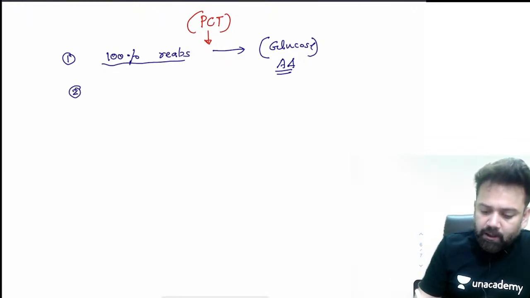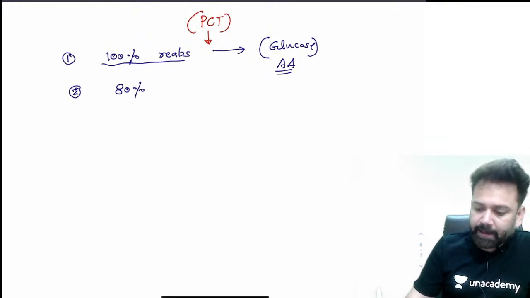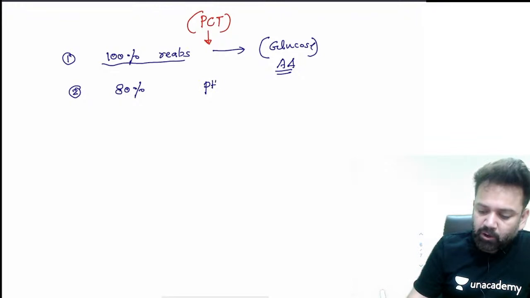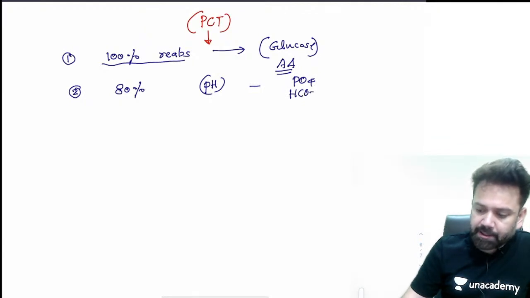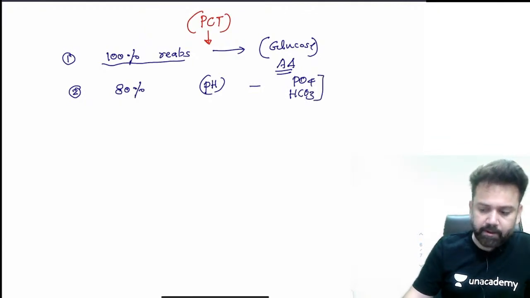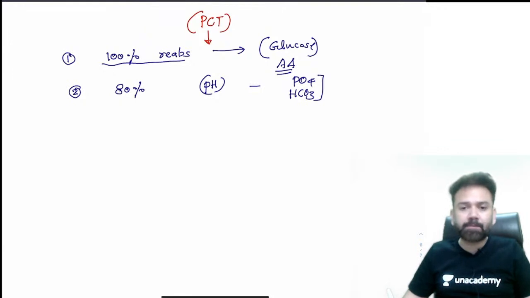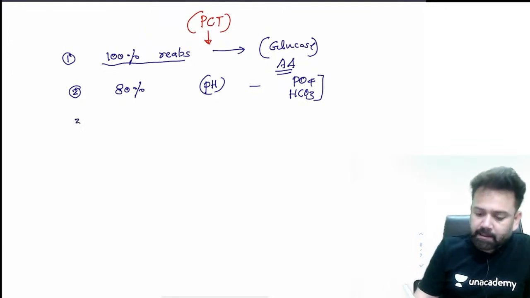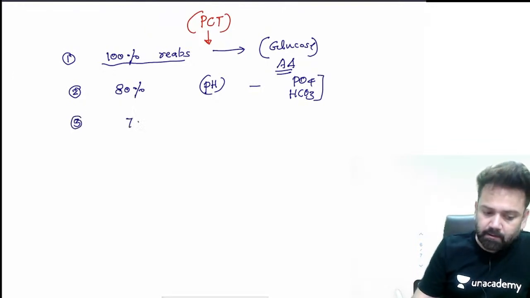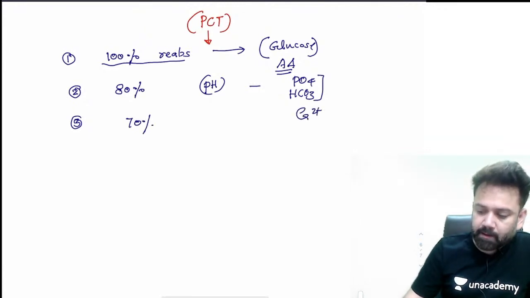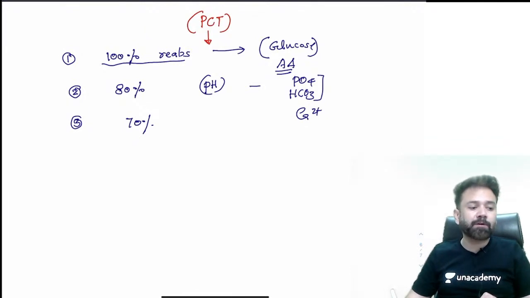And what are the substances that are absorbed? 80% absorption of, remember the mnemonic pH. P is for phosphate, H is for bicarbonate. So 80% absorption of pH, and 70% absorption of what? Calcium. 70% of calcium is absorbed in the proximal convoluted tubule.